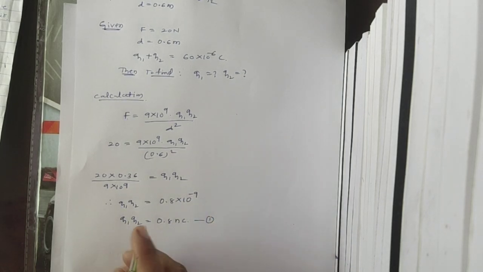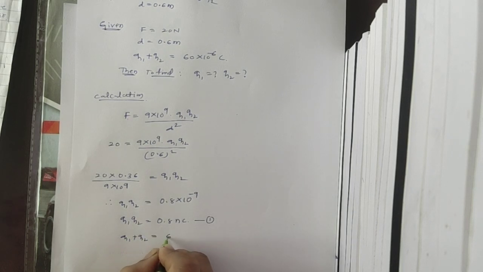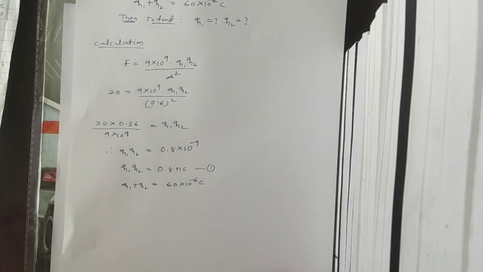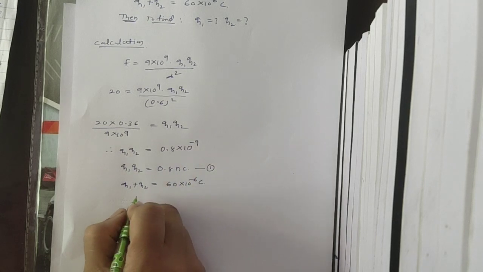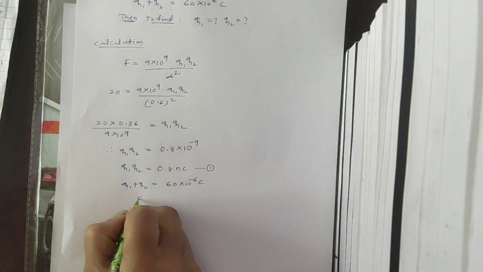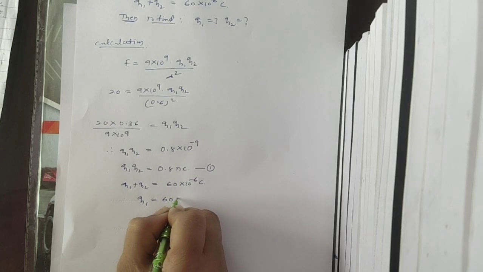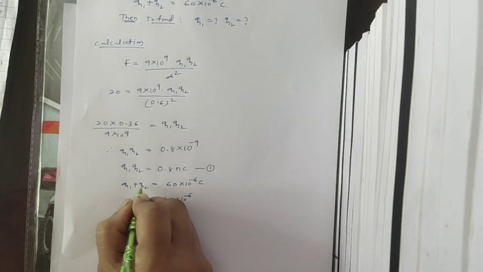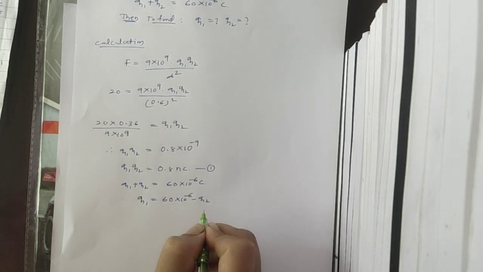They have given Q1 plus Q2 equal to 60 into 10 to the power minus 6 coulomb. Now what to do? We will substitute. Make Q1 equal to 60 into 10 to the power minus 6 minus Q2.